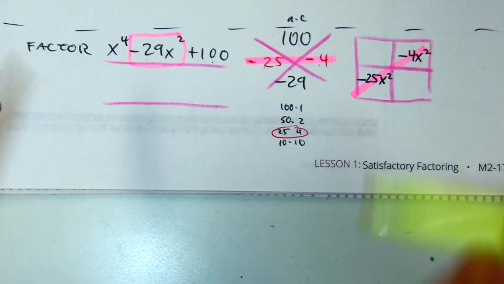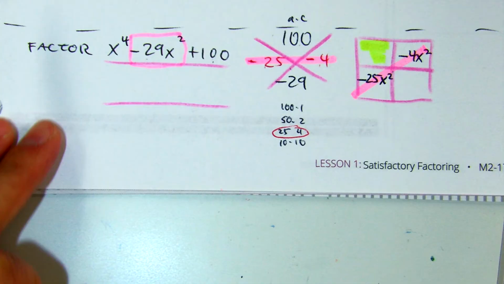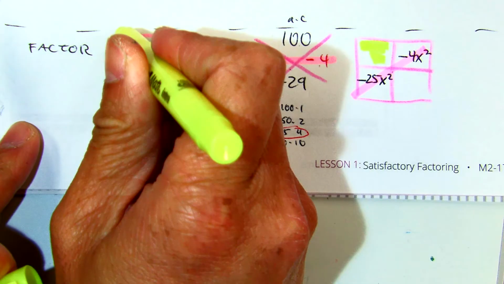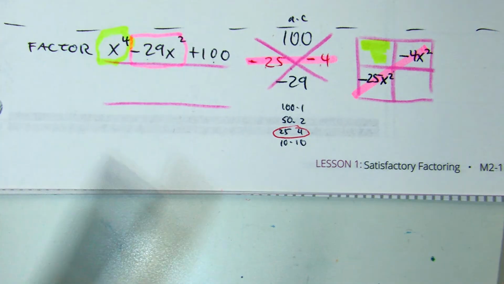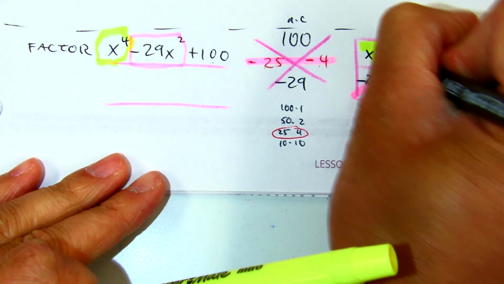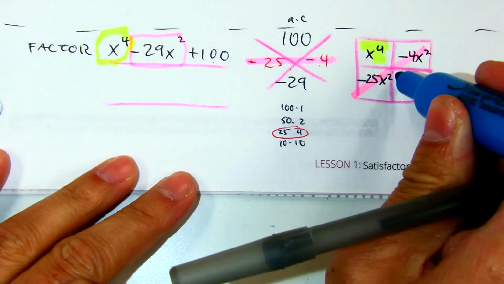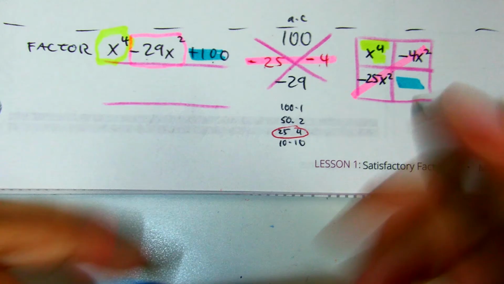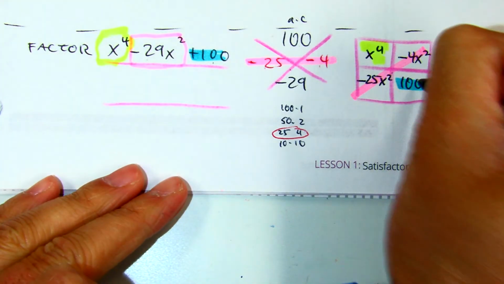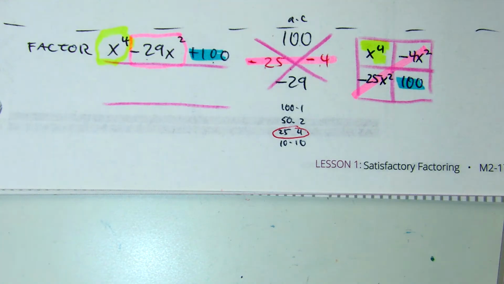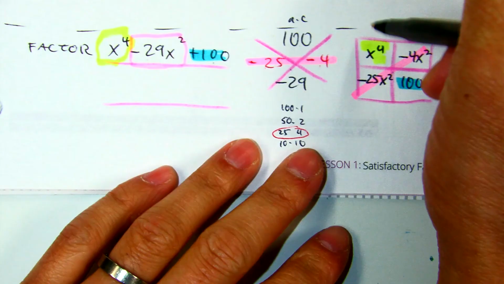Class, what goes here in yellow? X to the 4th. And what goes in the last one? 100. What goes on the top right here?